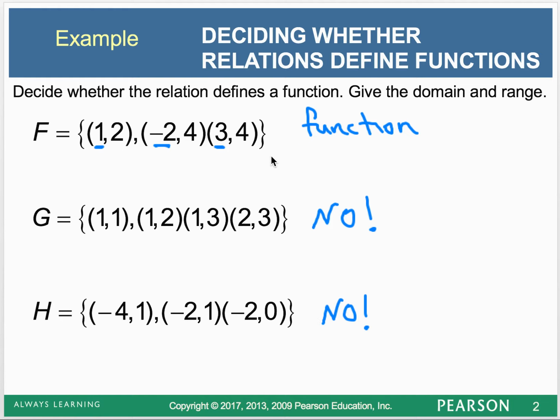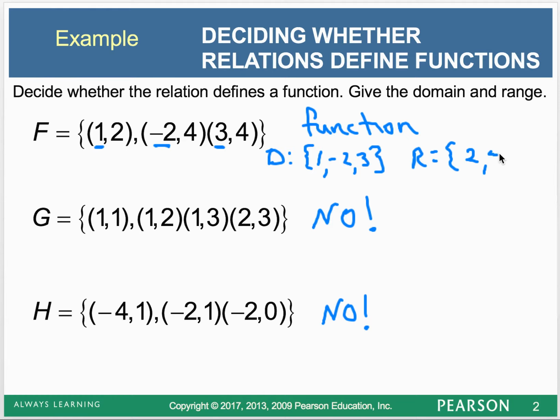Now the domain is simply the x values. So 1, negative 2, 3 for this one, not negative 1. And the range is the y values. So 2, 4.